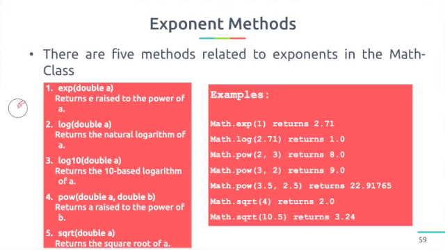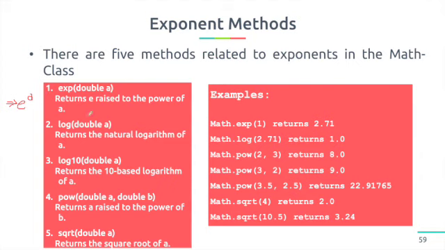If we know what e is in math, this method, as we call it in Java, is going to apply this function: e to the power of a, whatever we decide a is. So if we have exp of 2, it will calculate e to the power of 2. If a is 3, it will calculate e to the power of 3.